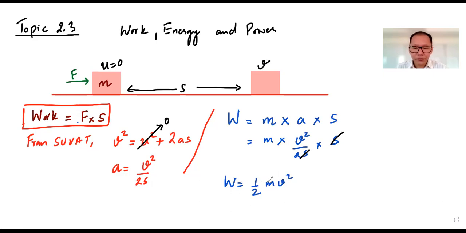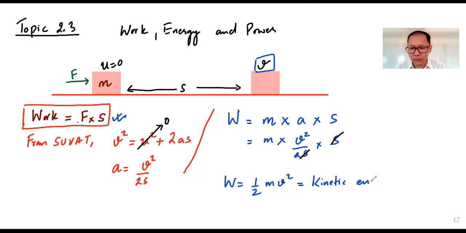So having done work of F times s increases an object's velocity up to v, right? So in fact, we can say that the work that we do has been stored in terms of kinetic energy here, okay? Because the work is defined in terms of velocity, we call this the kinetic energy.